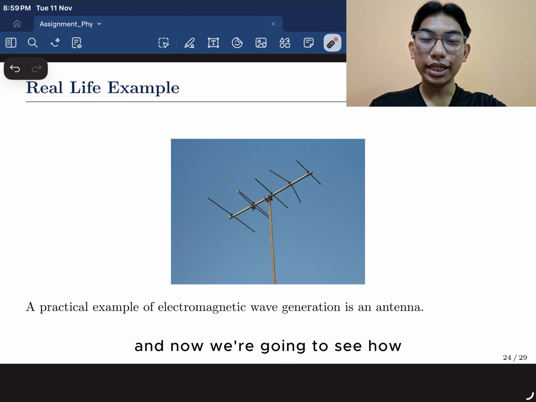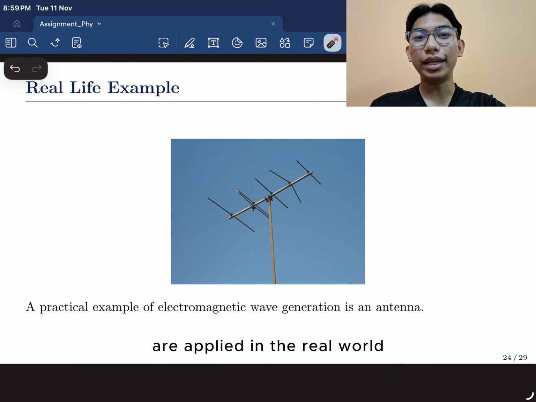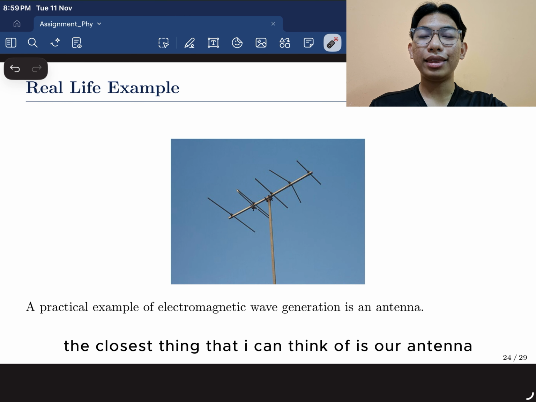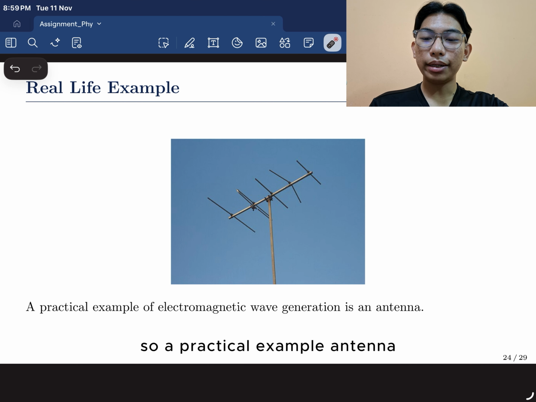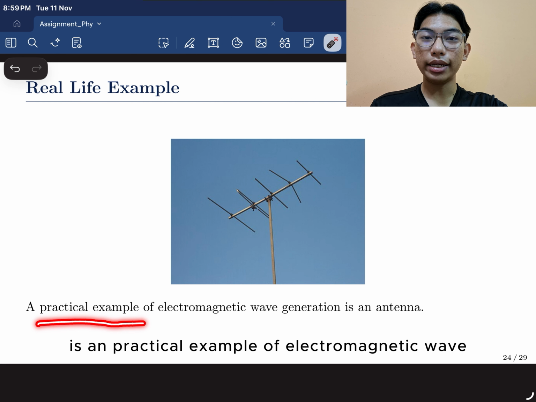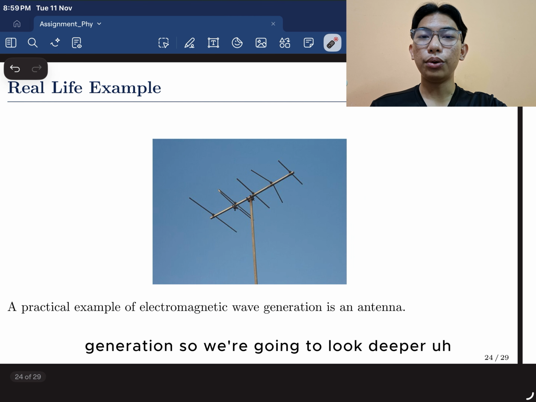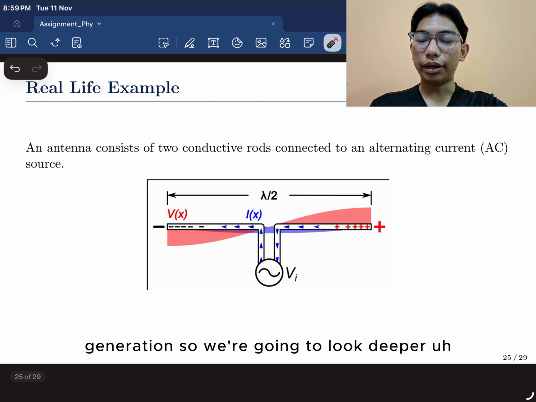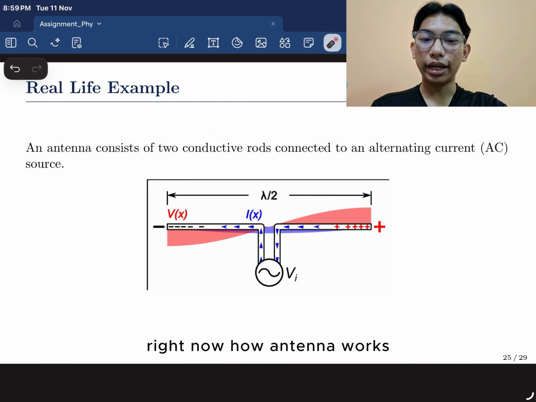And now we're going to see how these electromagnetic waves are applied in the real world. The closest thing that I can think of is the antenna. An antenna is a practical example of electromagnetic wave generation. So we're going to look deeper at how an antenna works.